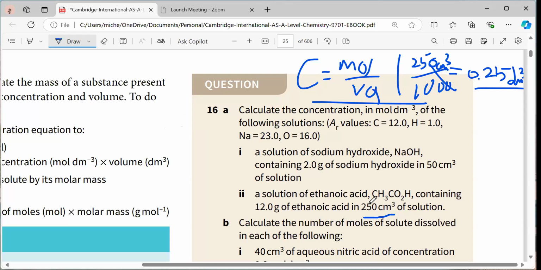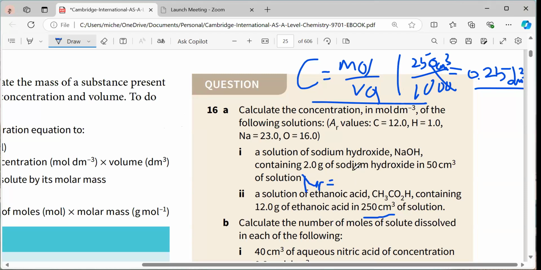Okay, so I'm going to calculate this first. Okay, sorry about that. So here we're going to calculate the molar mass.